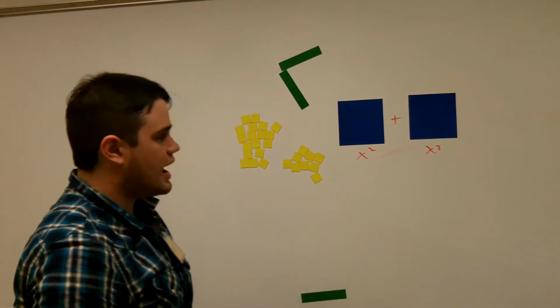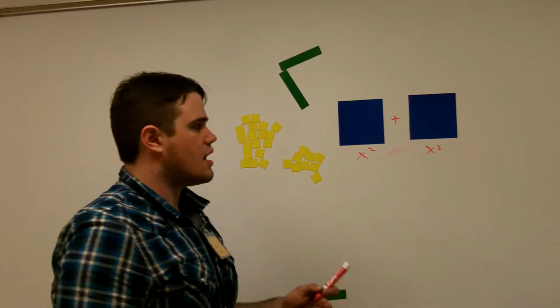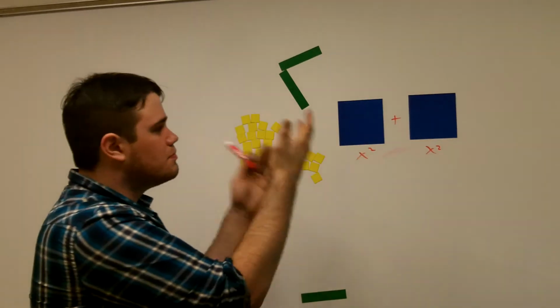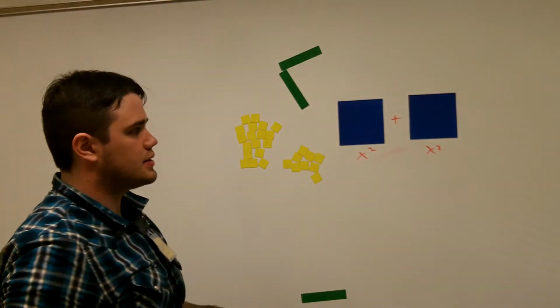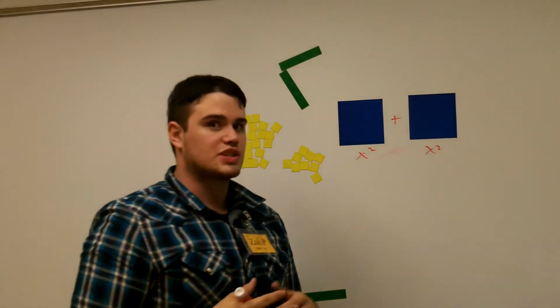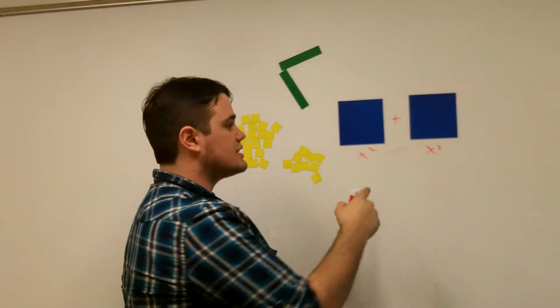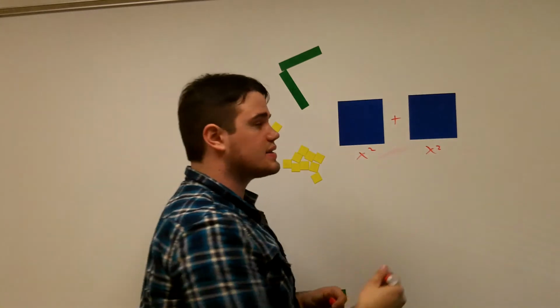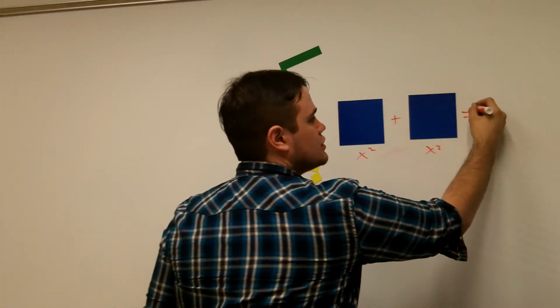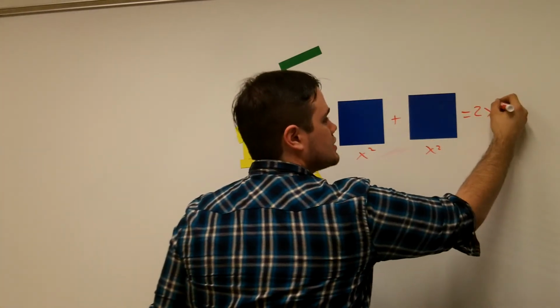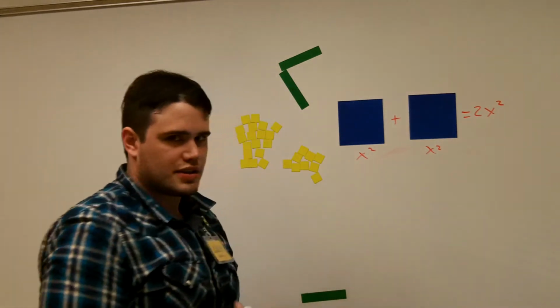Well, if you notice, in the case of our donuts, these are both the same thing. They're both squares. So I had 2 donuts when I had 2 donuts, right? So in this case, I have 2x squared. So that's how we can do this.